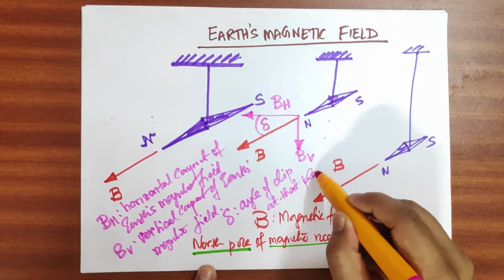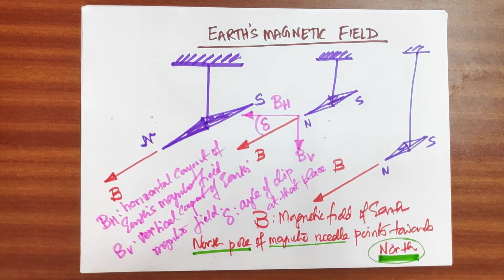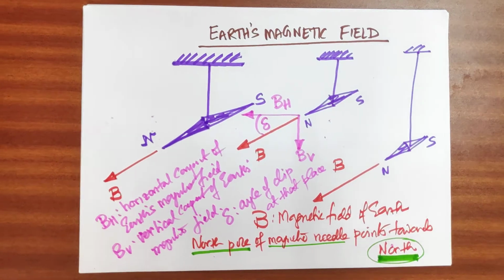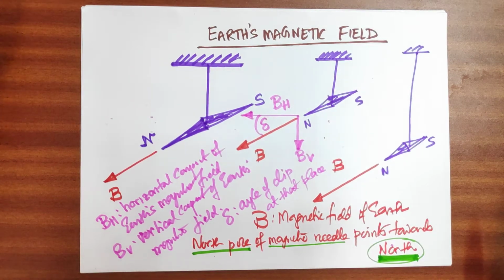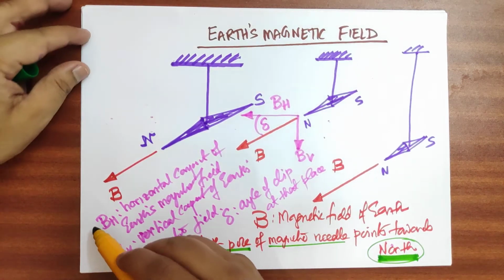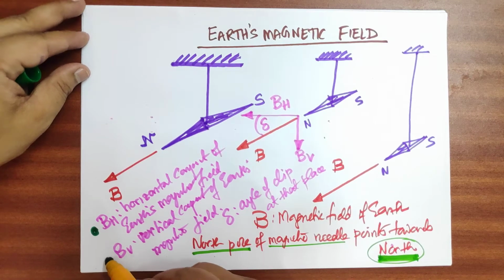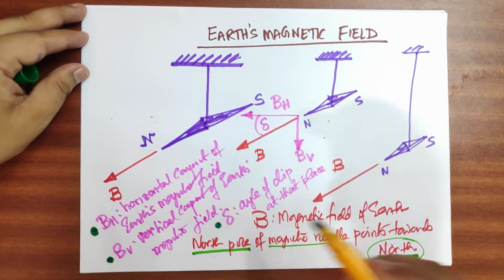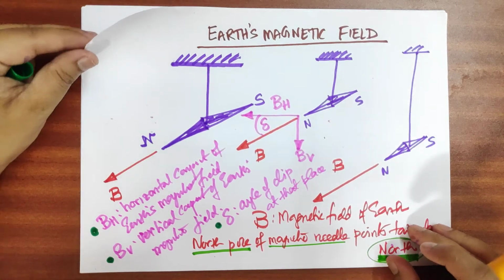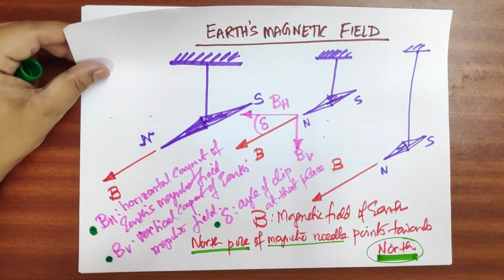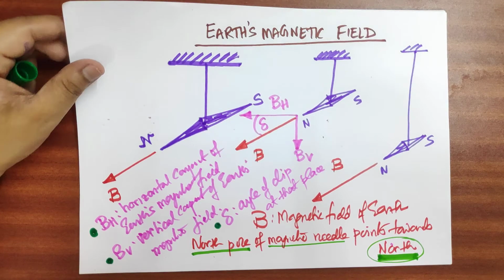All these things are fixed for a particular geographical location. If you move from here to Japan, BH, BV and delta, the angle of dip, all will change. All the vertical planes will also be parallel.